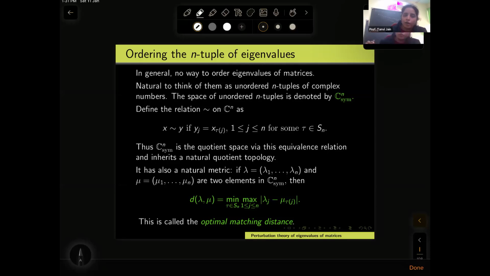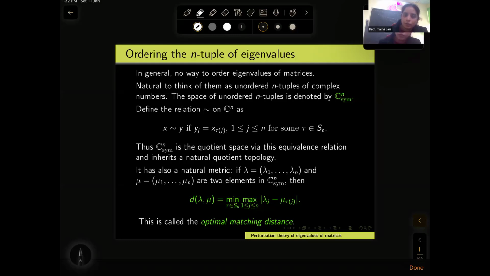So we are identifying all the tuples which are permutations of each other. That means we are considering an equivalence relation. Now we denote by C sim, where sim stands for symmetric.